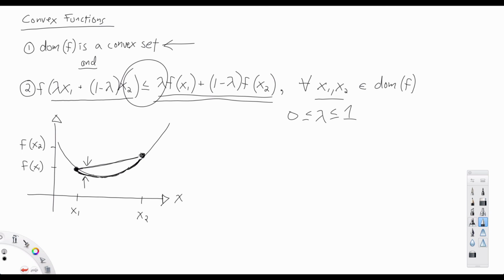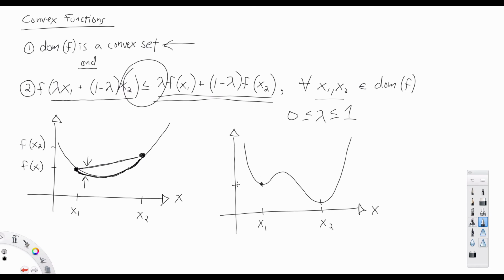What's an example of a non-convex function? What's a counterexample where this inequality requirement is not satisfied? Suppose again we have a single variate function, and in this case I'm going to define f of x with a different shape. And suppose this is x1 and this is x2.